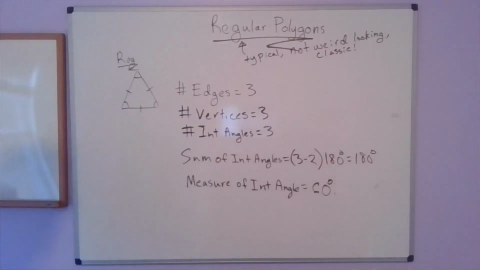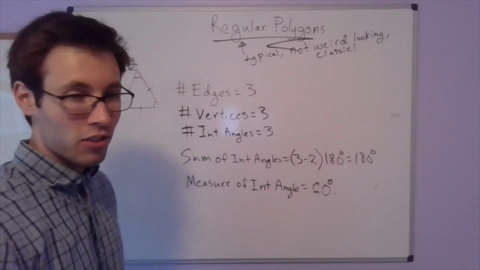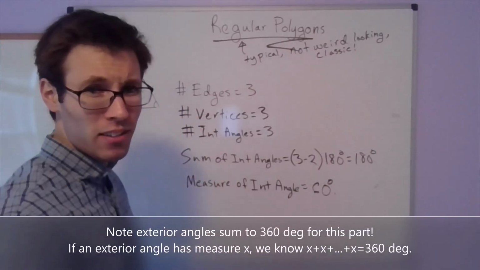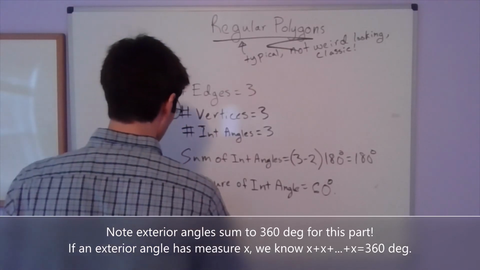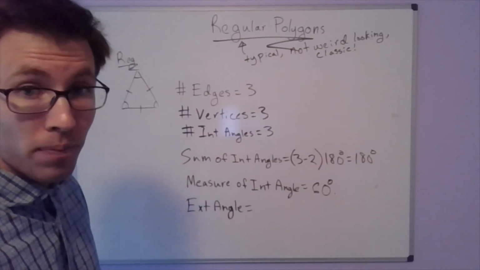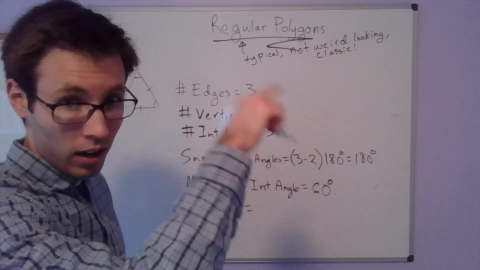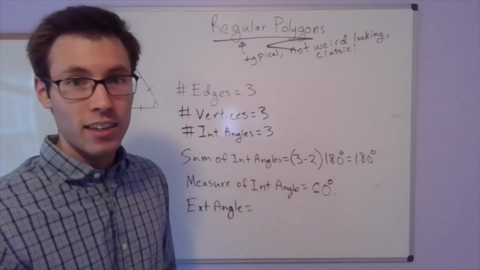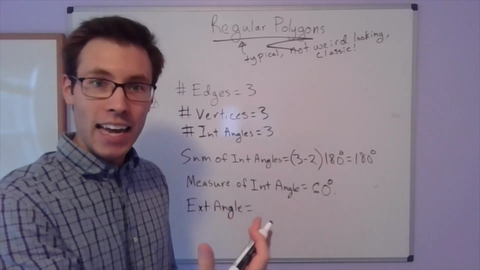Now, a lot of people are wondering, how do I figure out the measure of an exterior angle of the shape? There are different ways of doing it. One way: the theorem is that the sum of exterior angles of any polygon is going to be 360. And since all of the angles are going to be the same, you're going to have n angles.